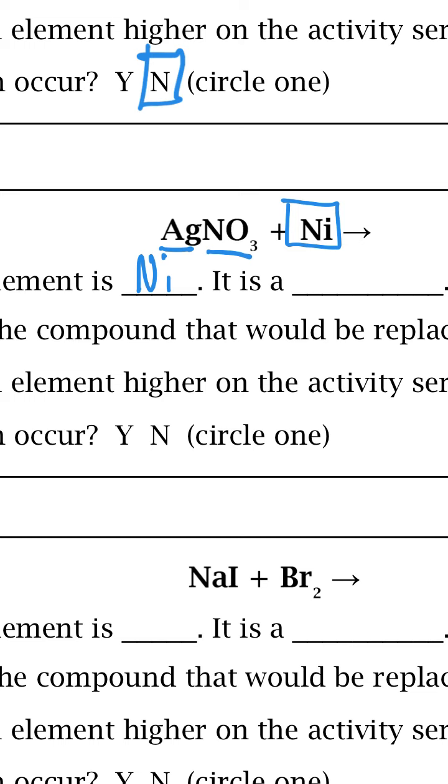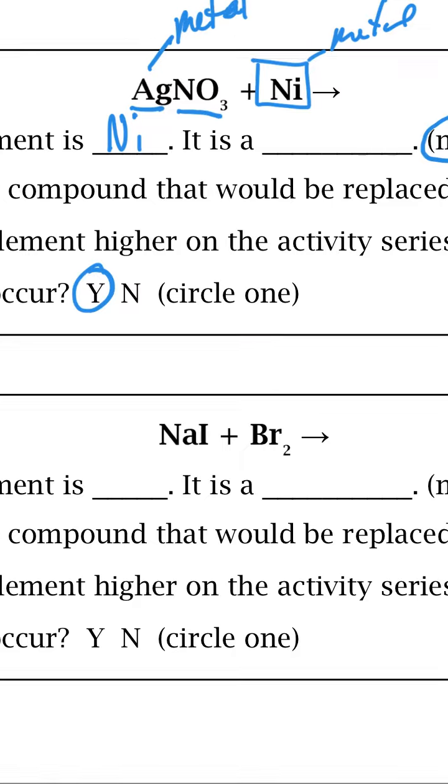The Ag, because this is a metal, and this is a metal. NO3, N and O, those are both what? They're both nonmetals, so I don't have to worry about those. It's going to compete with the Ni. So the one that's going to be replaced is Ag. Is the individual element higher on the activity series? Yes. Will the reaction happen? Yes. There you go. So you guys go ahead and do the next three.